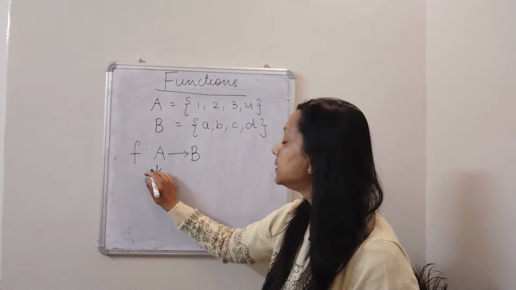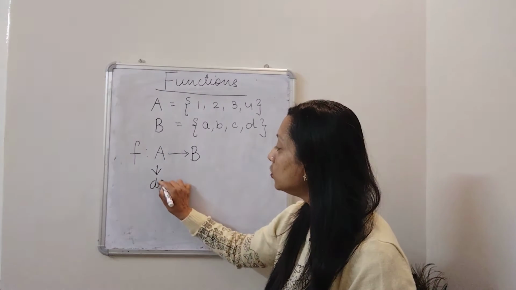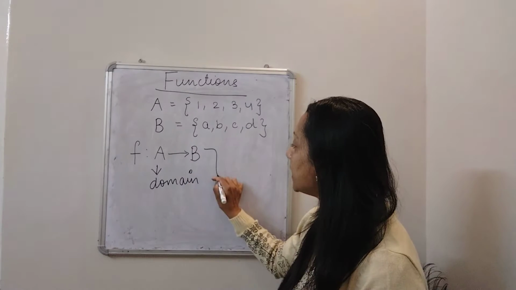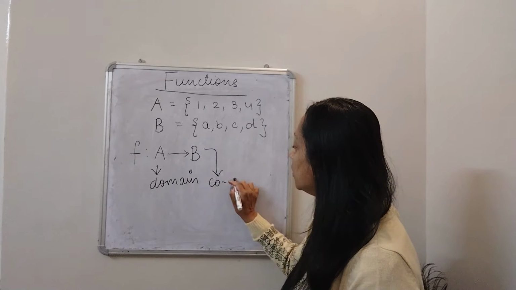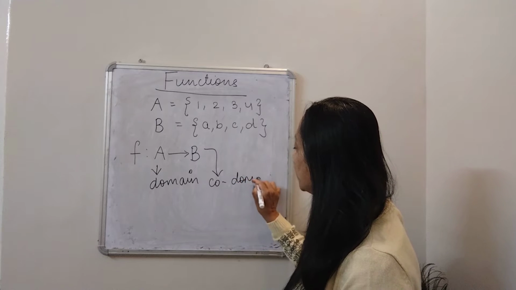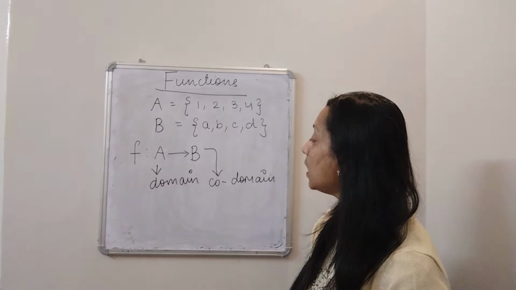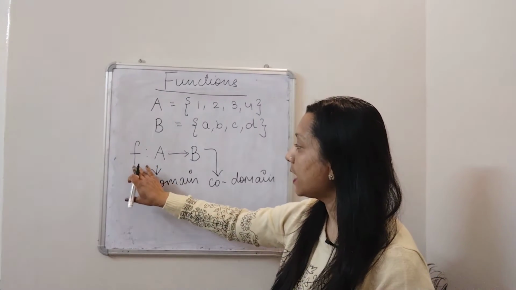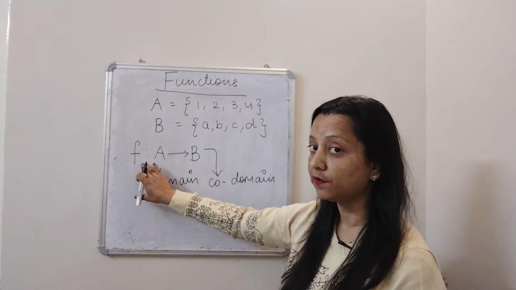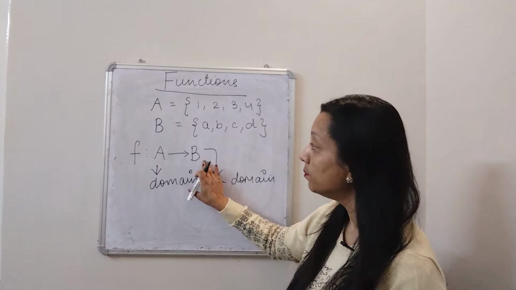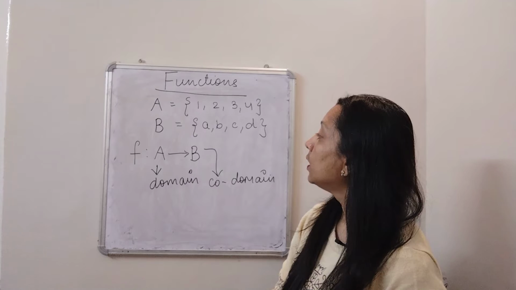And here set A is called the domain of this function and set B is called the co-domain of this function. Now this is read as f is a function that goes from set A into set B.